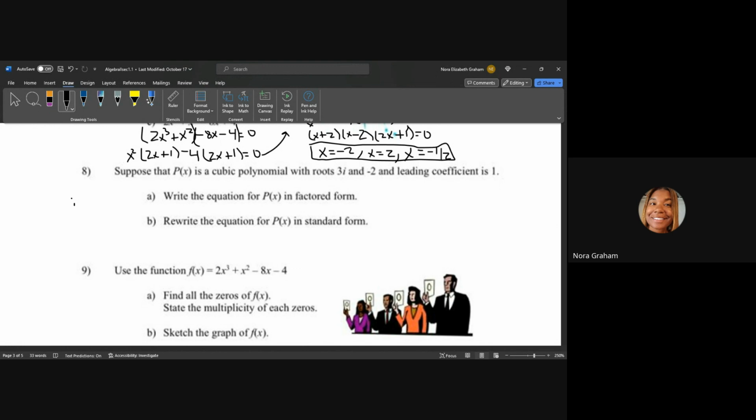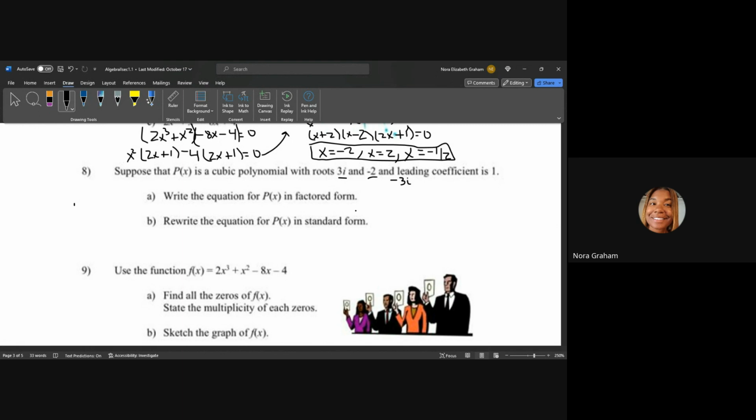The one thing you need to know is whenever you have a complex root like this, just note that complex roots always occur in conjugate pairs, which means since I have a positive 3i, I know for a matter of fact, I'm also going to have a negative 3i as one of my roots. That's just a rule that's very important. Complex roots always occur in conjugate pairs. So you're going to have a positive one and you're going to have a negative one.